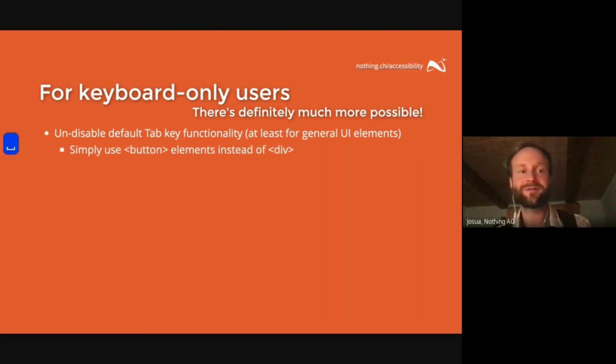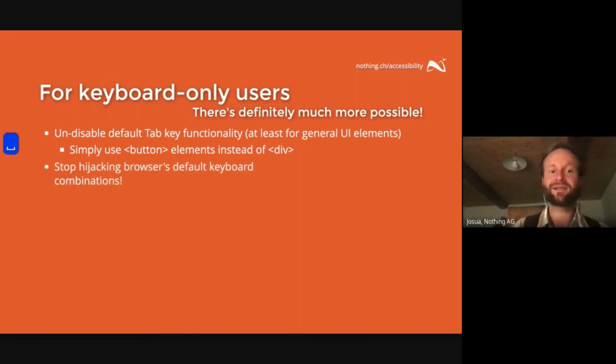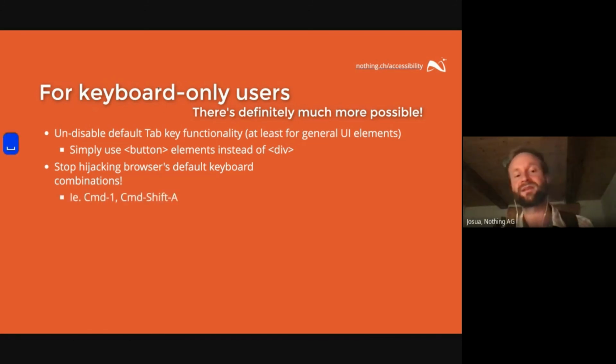A good thing to do is to use standard HTML, use buttons instead of divs. This will make your life so much easier. And please stop hijacking so much browser default keyboard combinations, like the ones that we've seen to switch between tabs or to open the tabs search dialog.